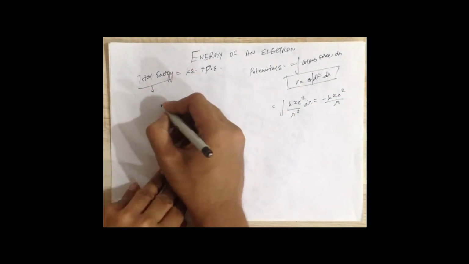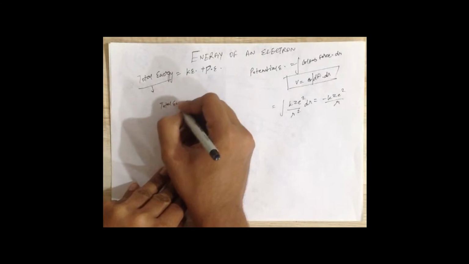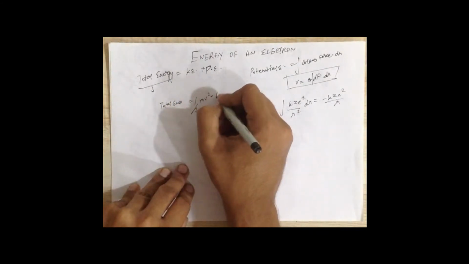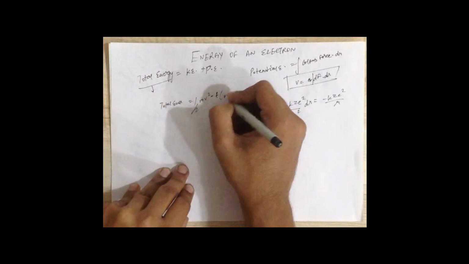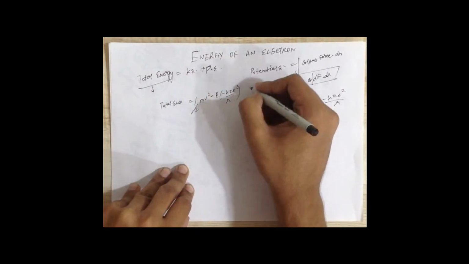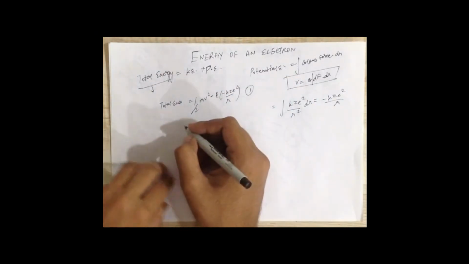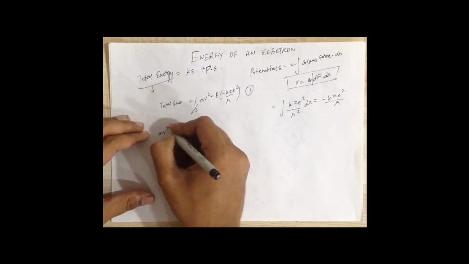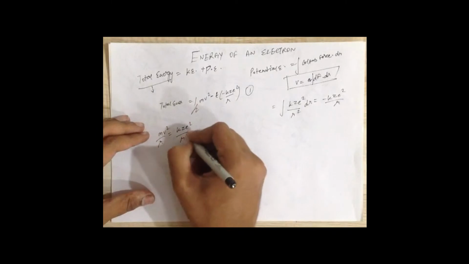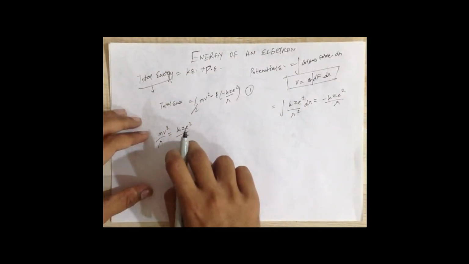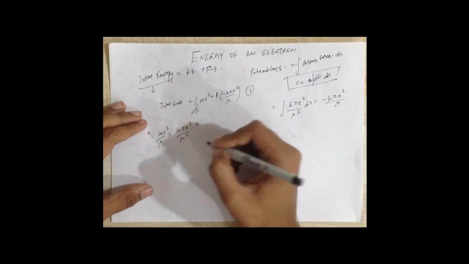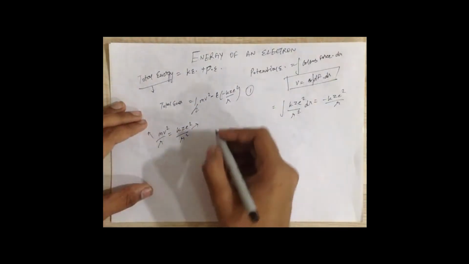Now total energy is equal to half mv square minus kz e square upon r. Let this equation be first. From the relation obtained before, we know that mv square by r is equal to kz e square upon r square, because this is the centrifugal force and this is the electrostatic force, and they are counterbalanced by each other.